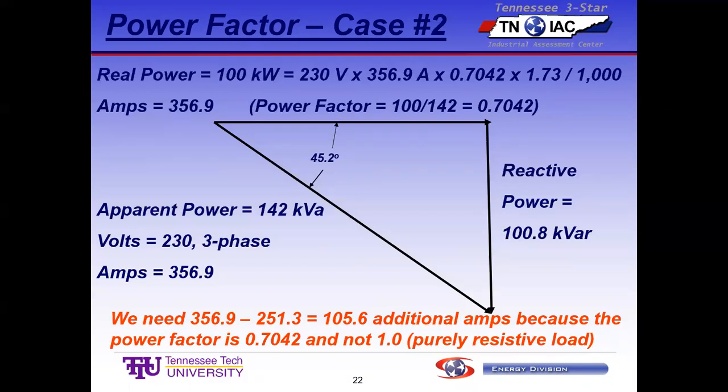If all of your loads are doing this, you're sucking all of this current from the electrical company and they can't sell it to somebody else. If you corrected this power factor to 1, the power company would have another 105.6 amps to sell to somebody else. That's missed revenue for them.